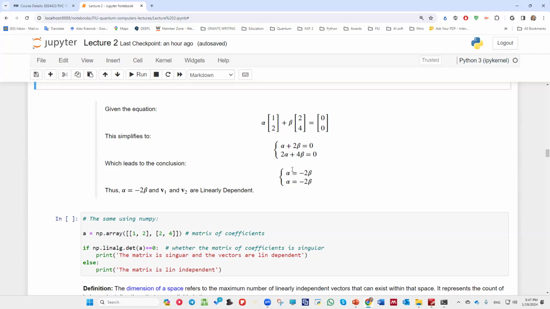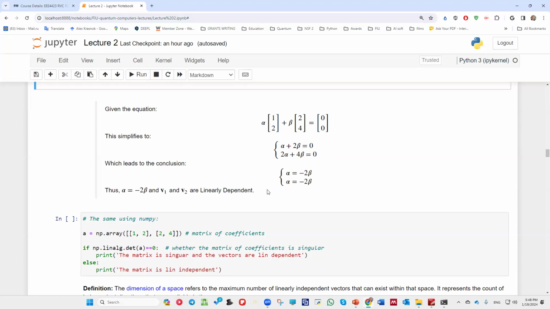What it means, the vectors are linearly dependent, is that you cannot use them as a basis to describe all other vectors in the space. Okay, and vice versa. If the vectors are linearly independent, you can use this set of vectors to represent any other vector in the space.